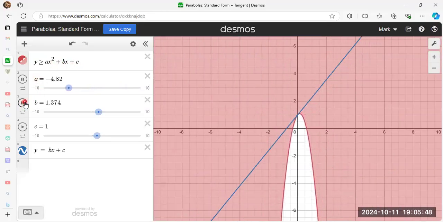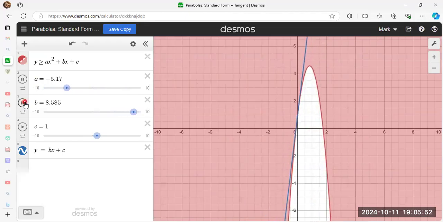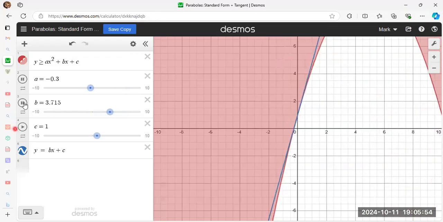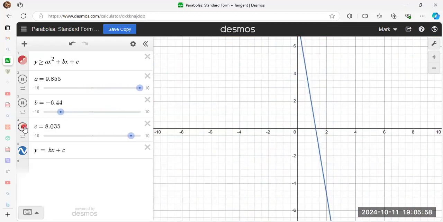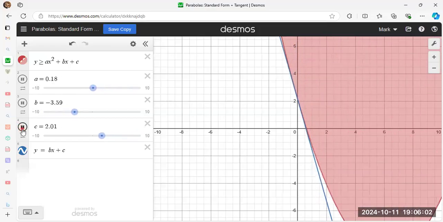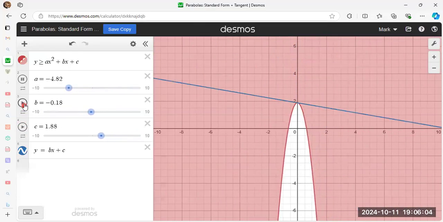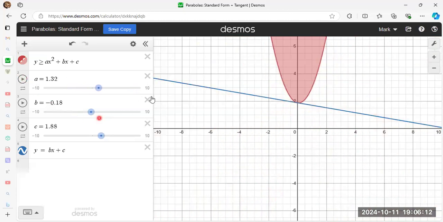So if I allow B to go, B is going to be my straight line. If I allow C to go, then all of that takes place, right? I'm going to stop these two. I'm going to stop that one. And I'm going to let that go around and stop it when it gets to, all right, I'm stopping it there.